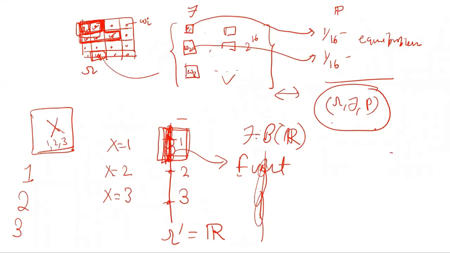Ideally, if you look at this, only one outcome actually has non-zero probability. That is just one. But let us write this as the interval 0.5 to 1.5.